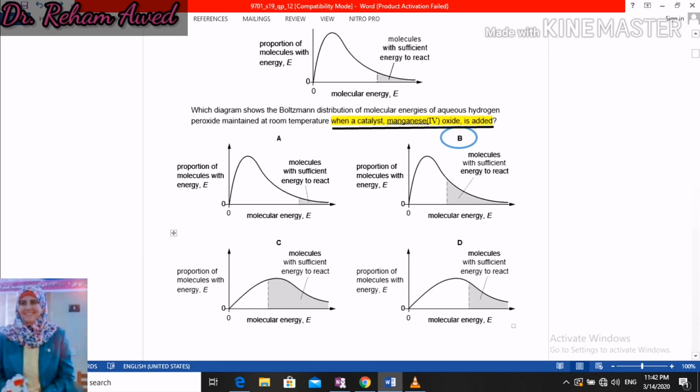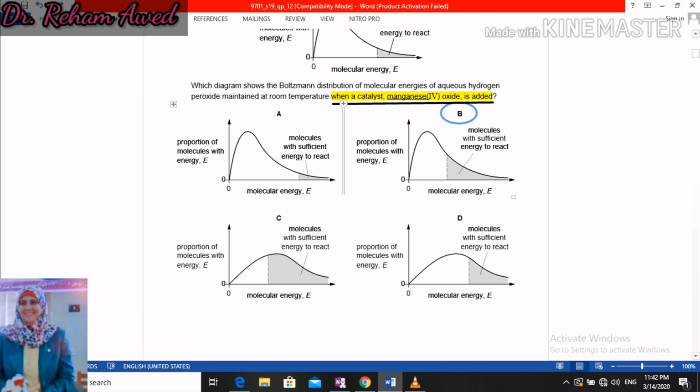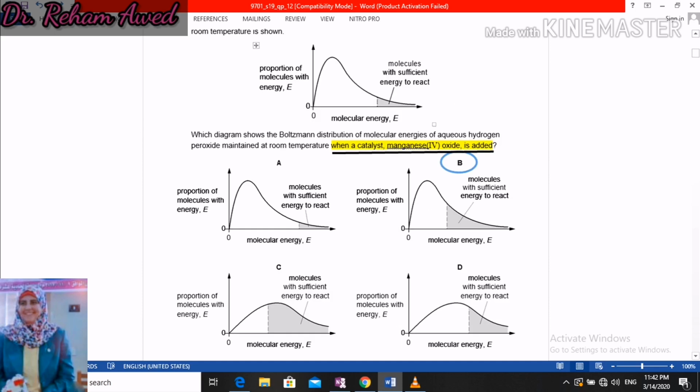So these are the two factors related to the Boltzmann distribution. In our curves, we want to show the relation between catalyst addition and number of moles. Related to our curve, the only curve which shows an increase in the number of molecules during the chemical reaction is curve B. So our best choice is B.